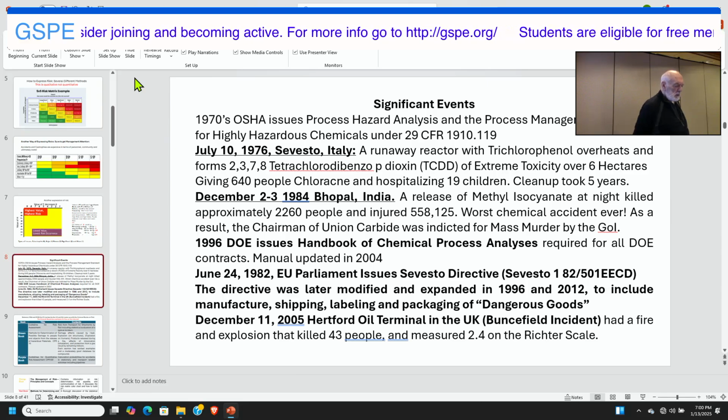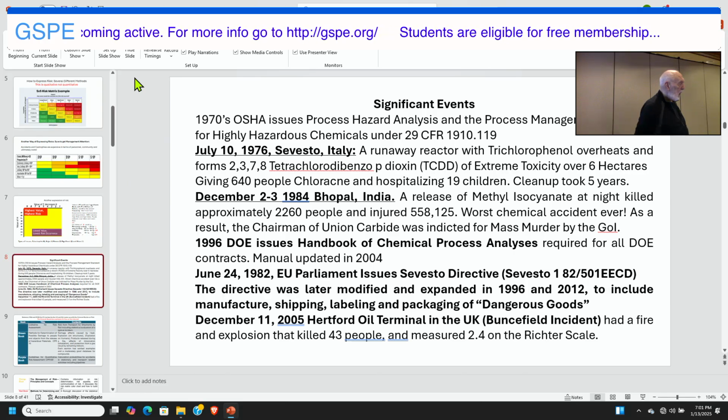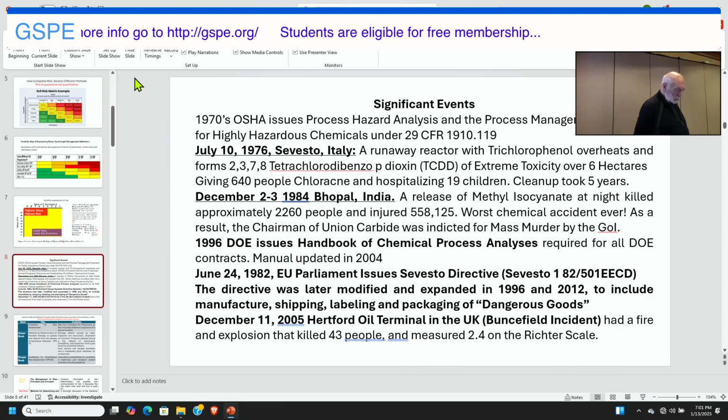But then in July of 76, Seveso, Italy. Seveso is a chemical plant. And a runaway reaction involving trichlorophenol formed 2,3,7,8-tetrachlorodibenzo-p-dioxin, or TCDD, which is one of the most hazardous compounds on the planet.